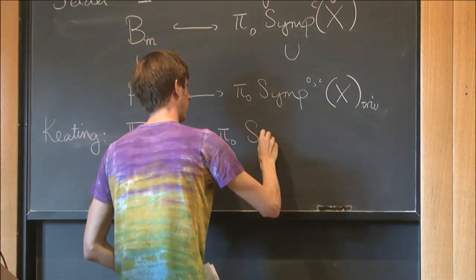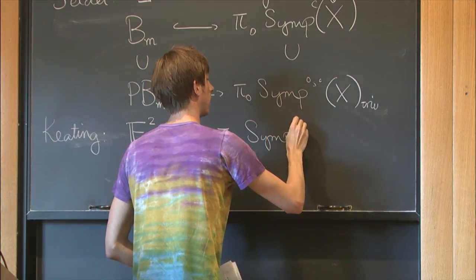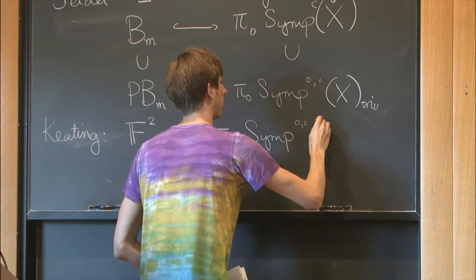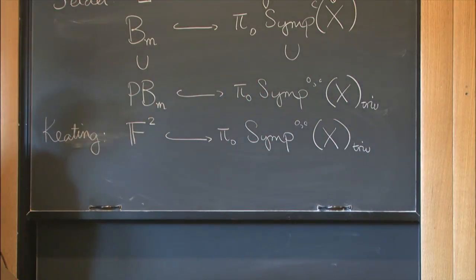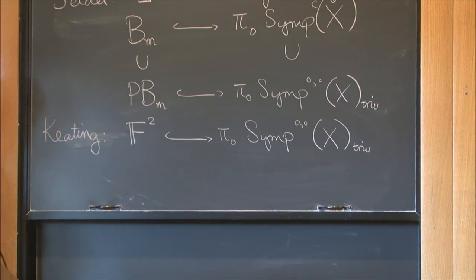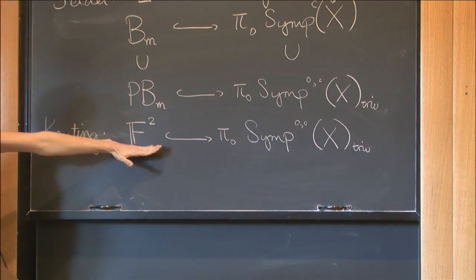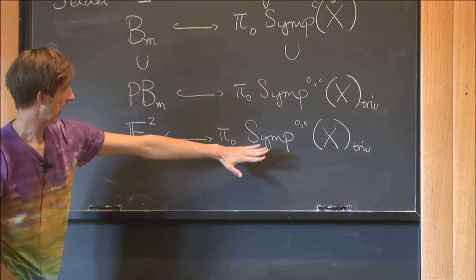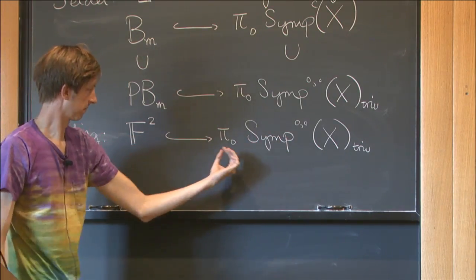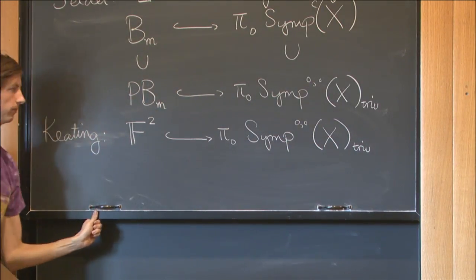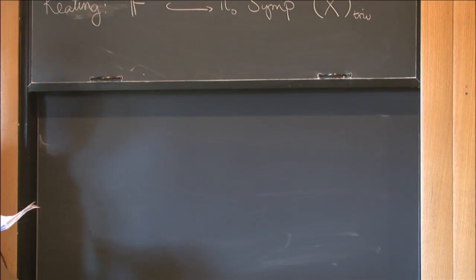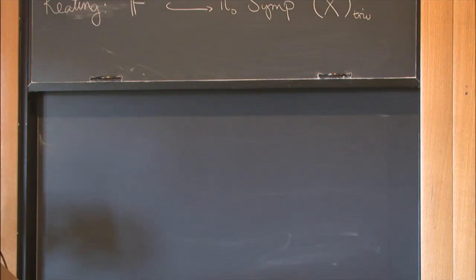Similarly, for non-compact symplectic manifold X, you can find copies of the free group on two generators injecting into this same group of smoothly trivial things. So you can find big, interesting subgroups inside this group.